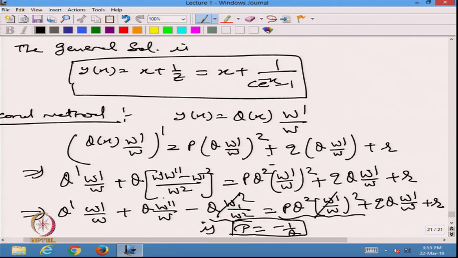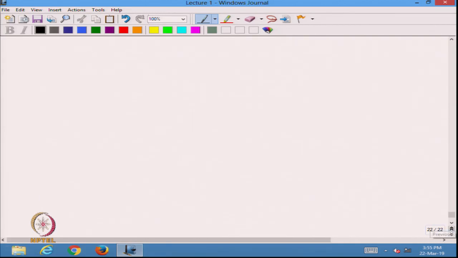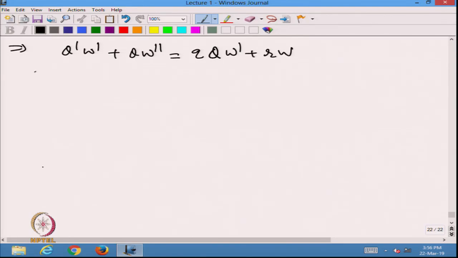After cancelling this, we are left with Q' w' + Q w'' = Q Q w' + r w, and it can be written further reduced as w'' − Q w' = r w.